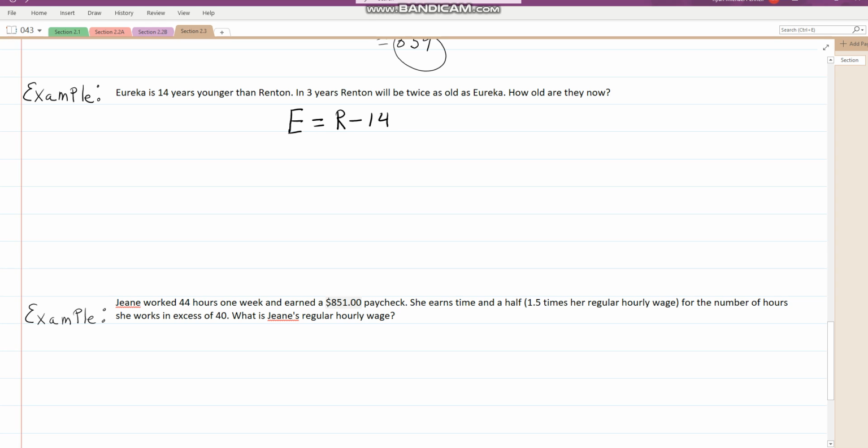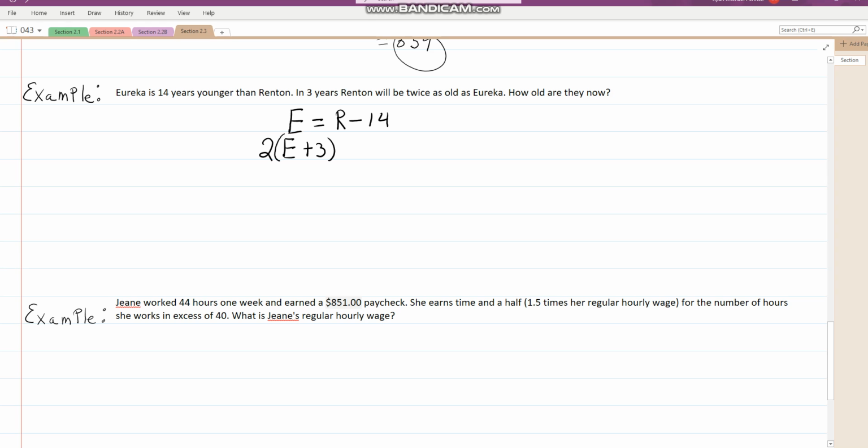Now, the second sentence, in 3 years, Renton will be twice as old as Eureka. Okay, twice as old, that sounds like 2 times Eureka, and it's in 3 years, so it's actually Eureka plus 3.